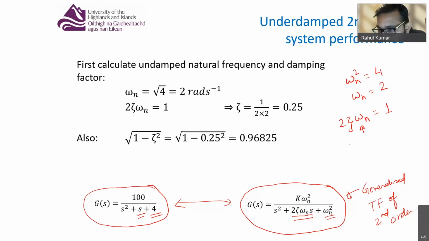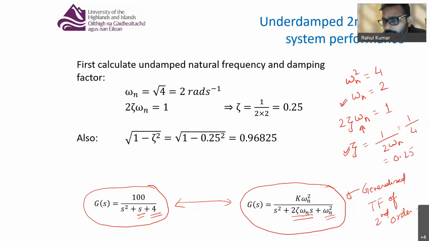So zeta will be 1 divided by 2 omega n, or 1 divided by 4, or we can say 0.25. So like that, I have found the value of zeta and omega n.